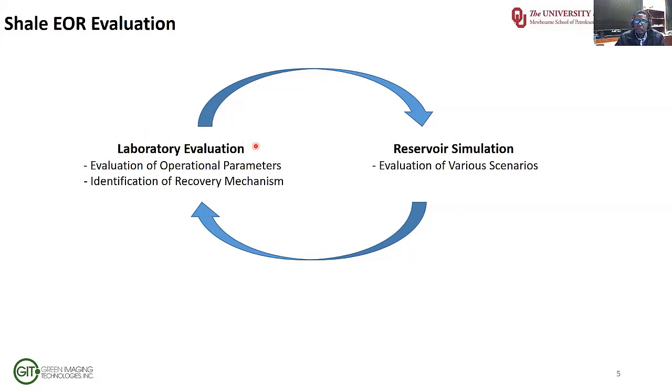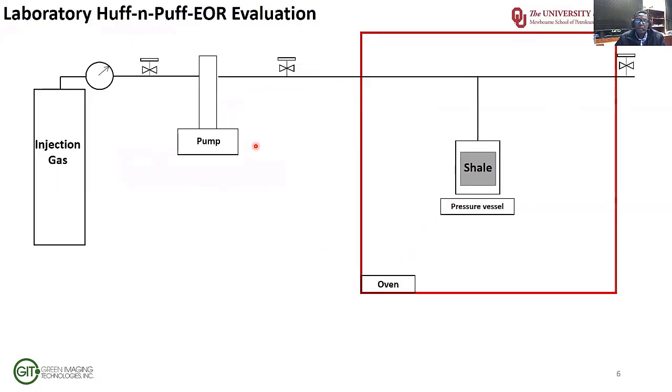Once it comes to a huff and puff EOR experiment in the lab, it can be implemented according to various specs, but essentially all huff and puff apparatus will have the same basic components, which will be an injection gas supply. So you do need that regardless of the setup. And we also need a pump that will be used to pressurize this injection gas in a shale sample that's actually contained within a pressure vessel.